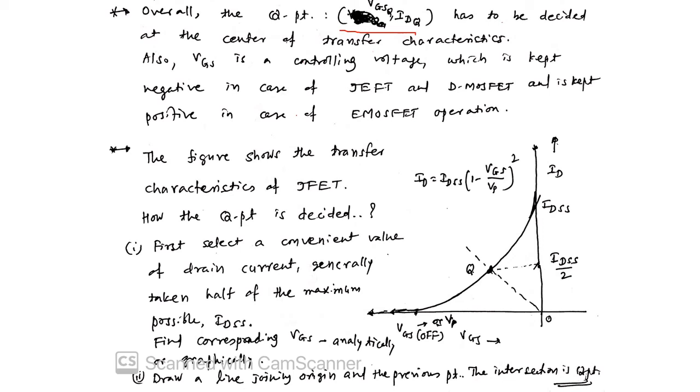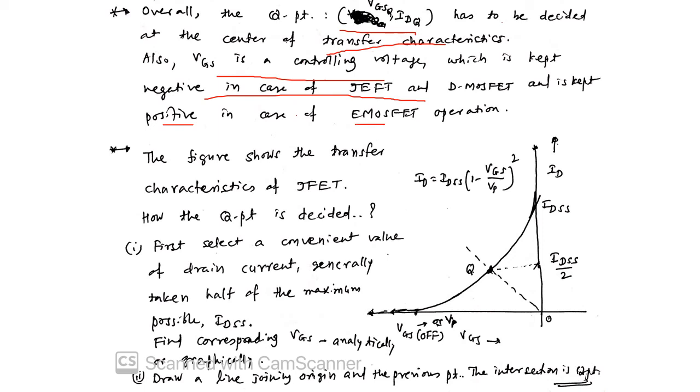So how do you decide the operating point in the case of FETs? We know we have to use the transfer characteristic. Also, VGS is the controlling voltage. This is one more difference: it is kept negative in the case of JFET and DMOSFET, and kept positive in the case of EMOSFET operation.